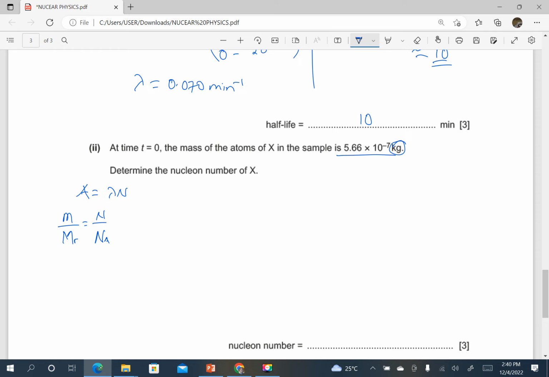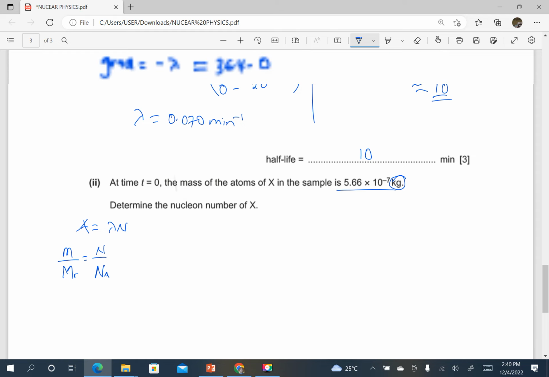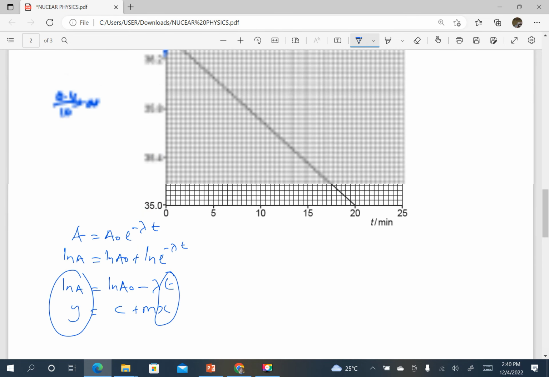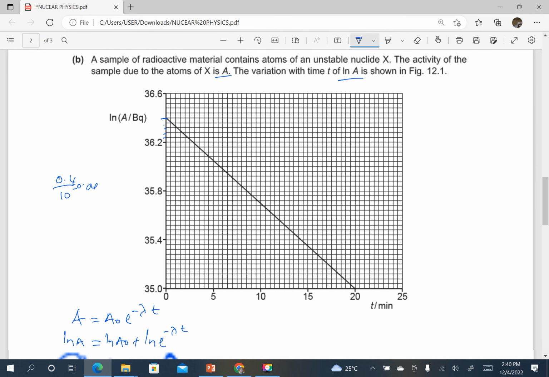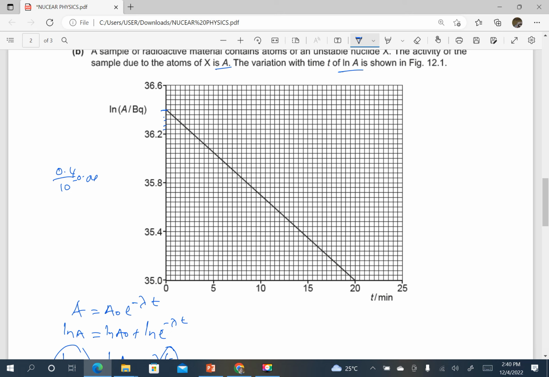But what is N? We have already seen the initial activity from the graph. At t equals 0, ln of A naught is 36.4.